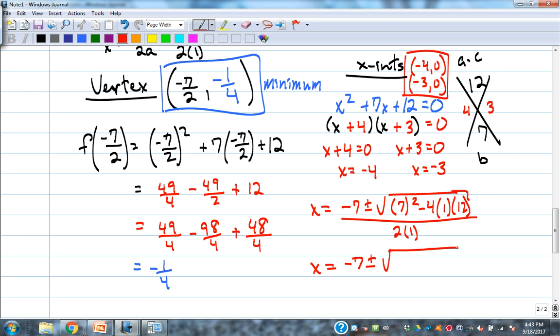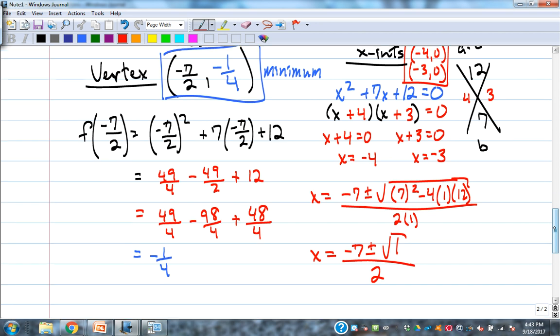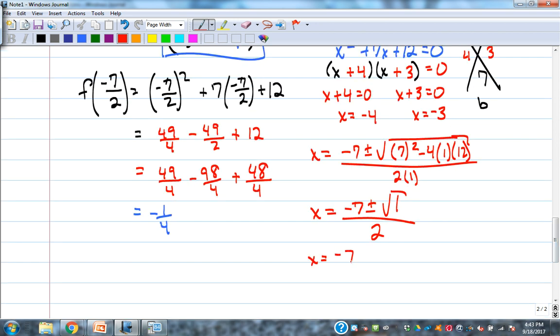7 squared is 49. 4 times 12 is 48. 49 minus 48 is 1. So we really just have the square root of 1 right there. And I hope we know that. What's the square root of 1? 1. So we've got two problems. -7 plus 1 over 2, and -7 minus 1 over 2.